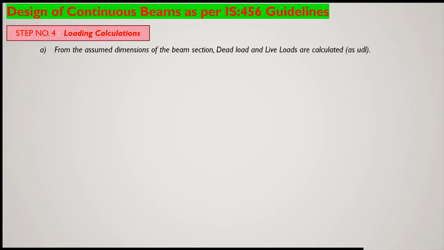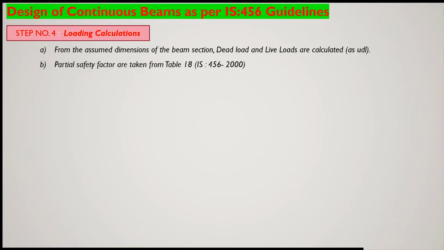From the assumed dimensions of the beam section, which we have discussed in the previous 3 steps, dead load and live loads are calculated as UDL, as a uniformly distributed load.